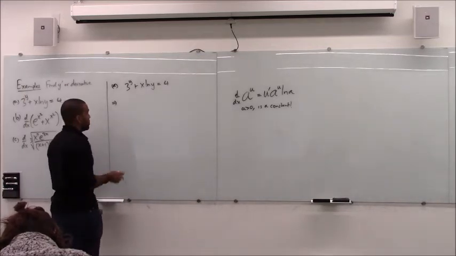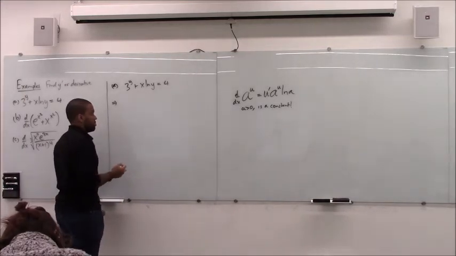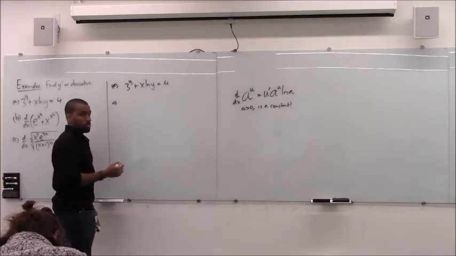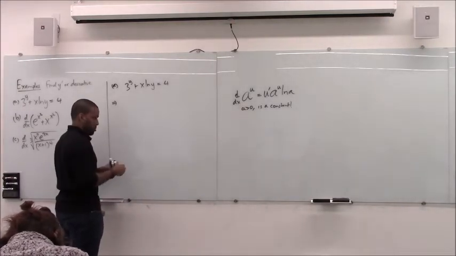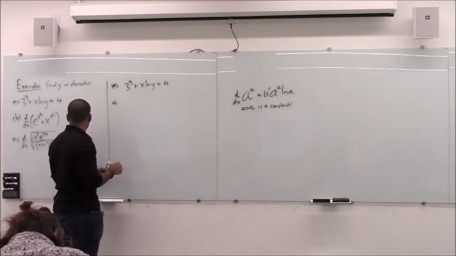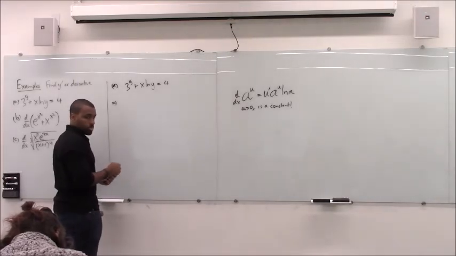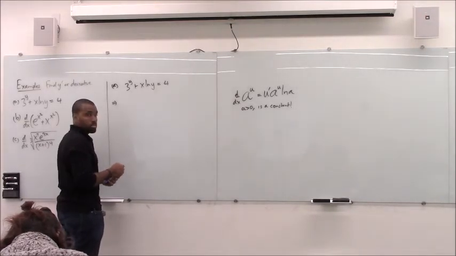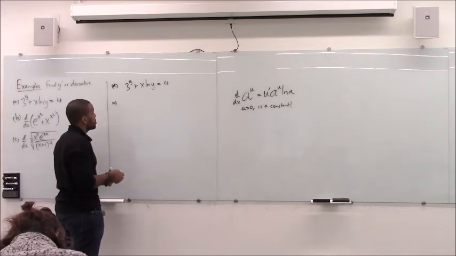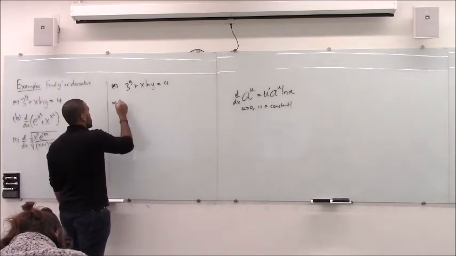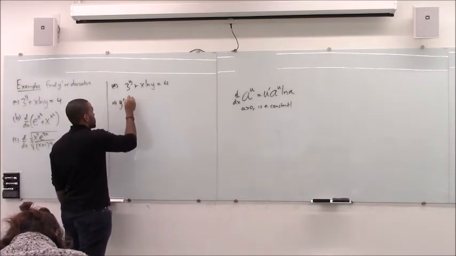This next step here. Yeah? So you apply that rule to the 3 to the y power. What do we get? So it's going to be y prime times 3 to the y times ln of 3.